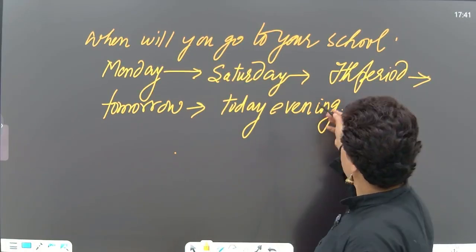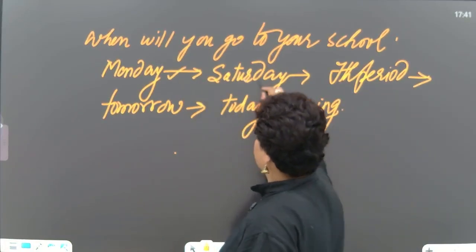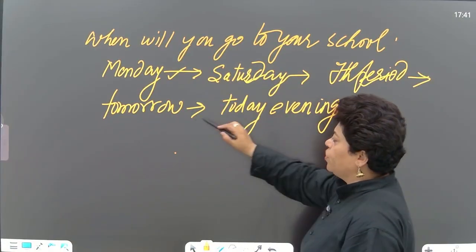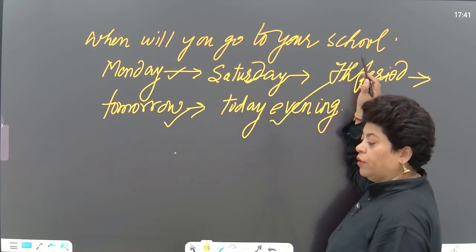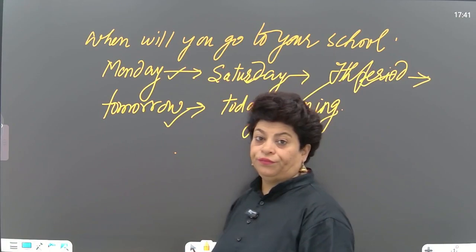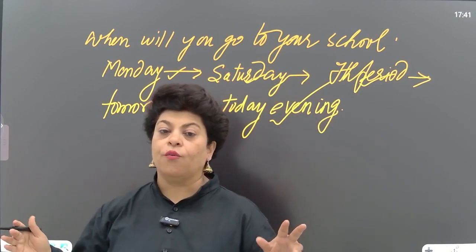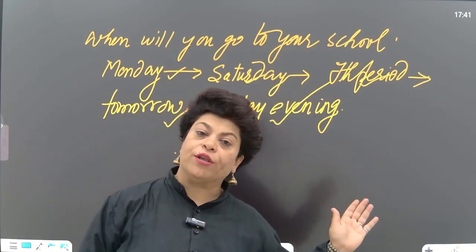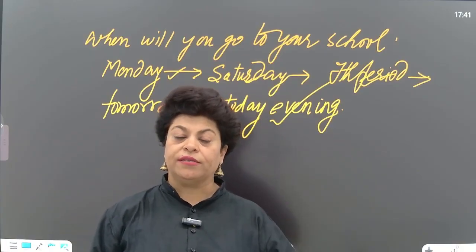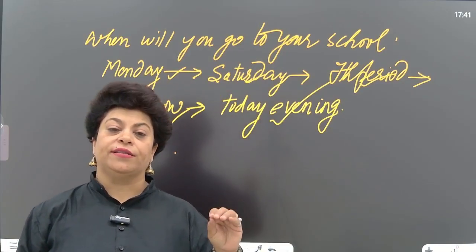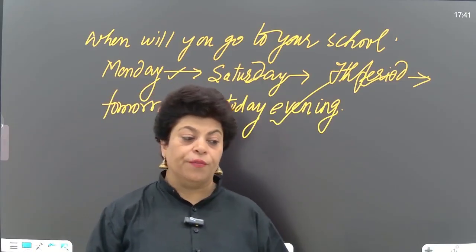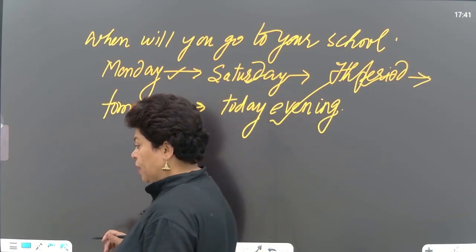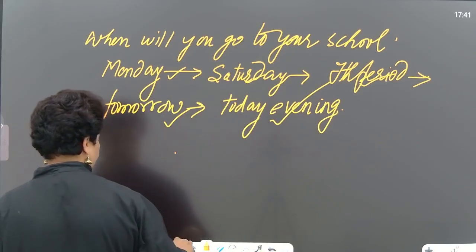For example, Monday, Saturday, seventh period, tomorrow, and today evening. I hope it is clear to everybody now. When do we come to know it is adverb clause of time? Whenever you get to have such words in your sentences, it clearly indicates we are talking about adverb clause of time. Now coming to the third point.